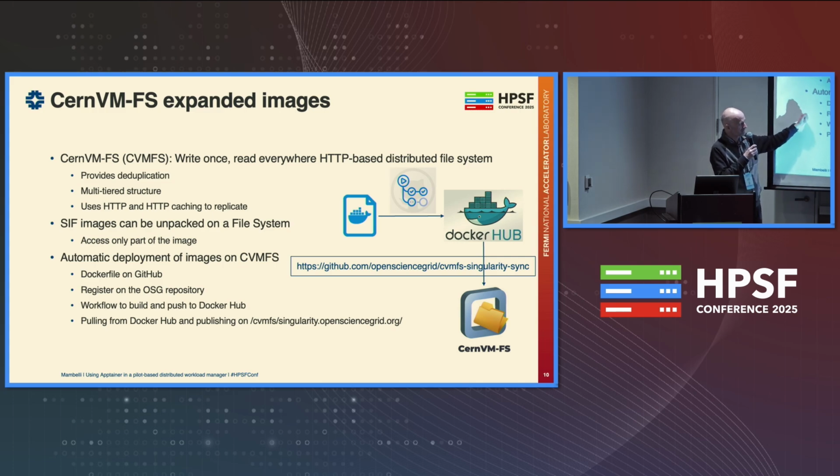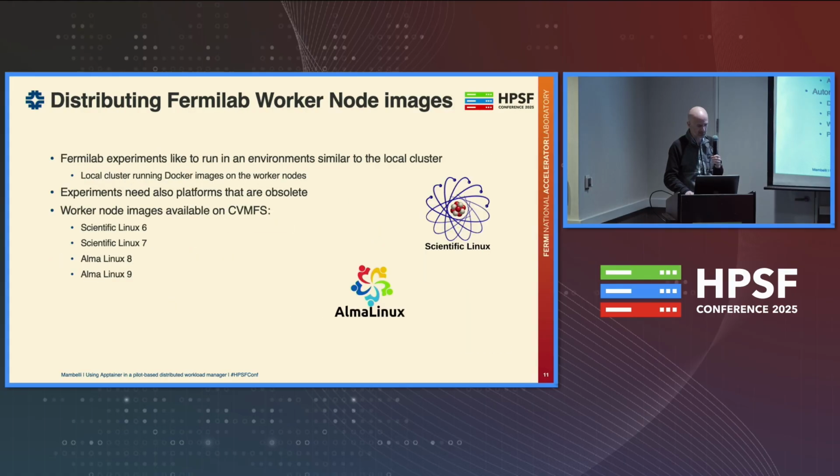And OSG has a set of scripts that periodically check for new versions of the image. And once you register them in their repository, they will download and expand them on CVMFS. So we just maintain the images on GitHub, and we get the expanded image on CVMFS.